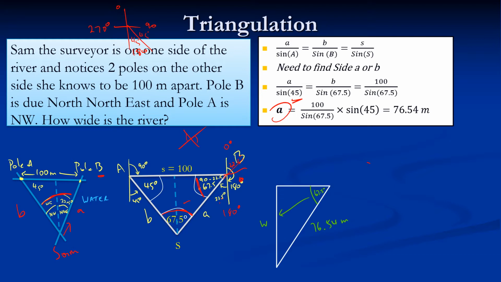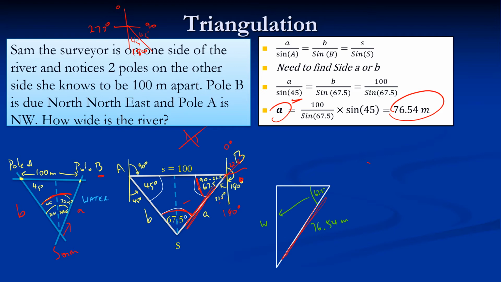A equals the side S, which is 100, over the sine of angle S, which is the sine of 67.5, multiplying that by the sine of angle A, so that's sine 45 degrees. Plug that into your calculator. Yeah, you've got 76.54. And so what is that? That's side A. So that's this one here.